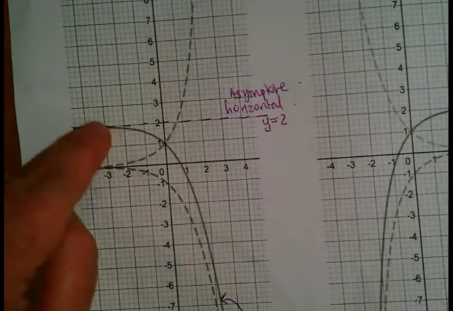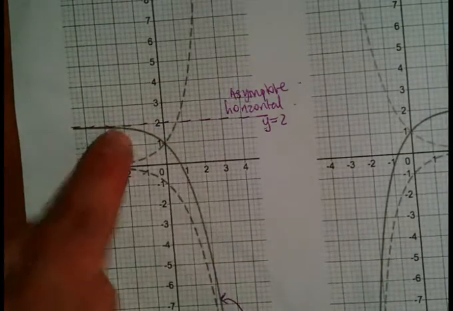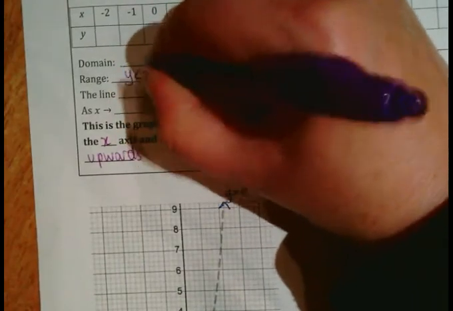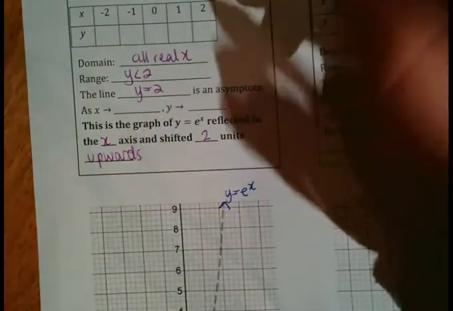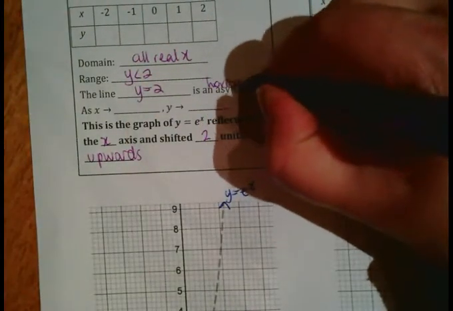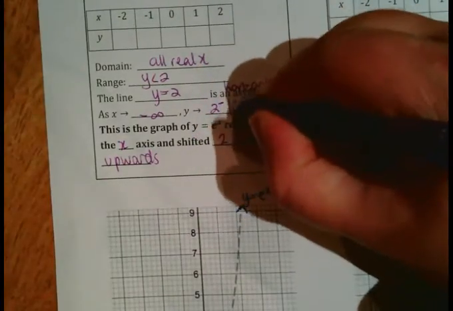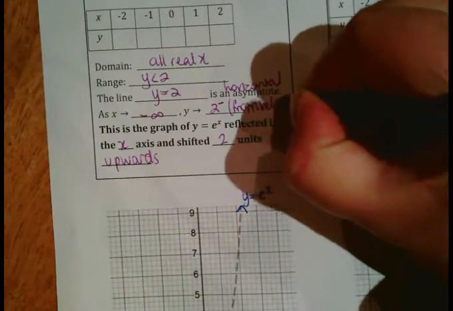So the range of your final curve, the solid line, is y less than 2. It has a domain of all real x, and the line y equals 2 is your horizontal asymptote. And as x approaches negative infinity, y approaches 2 from below.